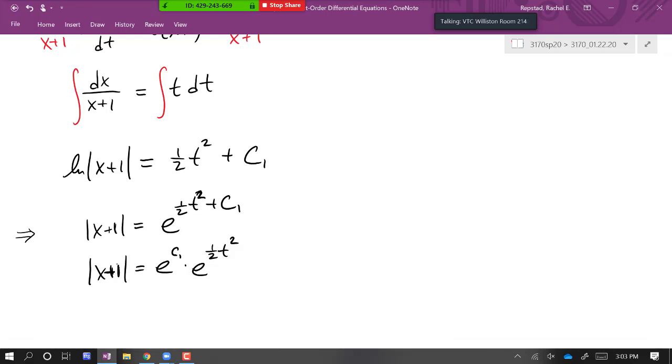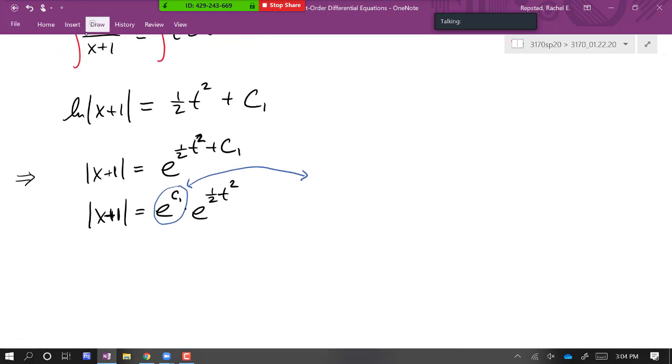In order to free that expression on the right side from being inside absolute values, all we're going to do is substitute that constant, e to the c1. If c1 is an arbitrary constant, then e raised to the c1 power is an arbitrary positive constant. In order to allow for x plus 1 itself to be positive or negative, we're just going to replace this with some other constant.